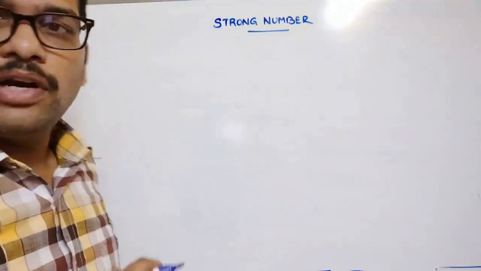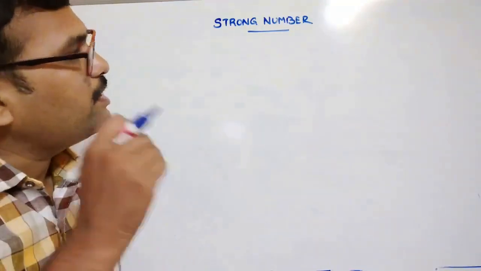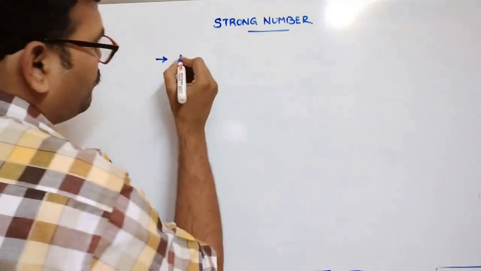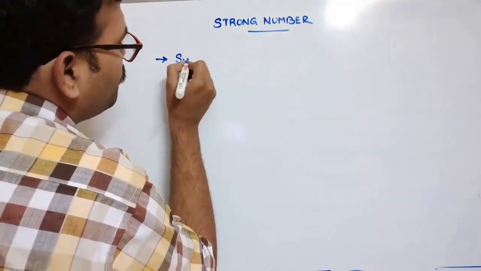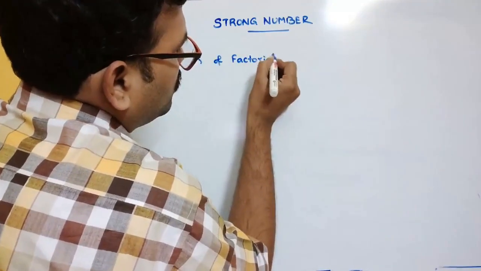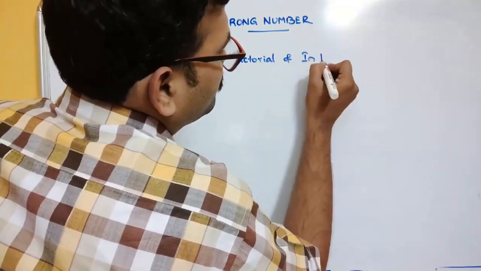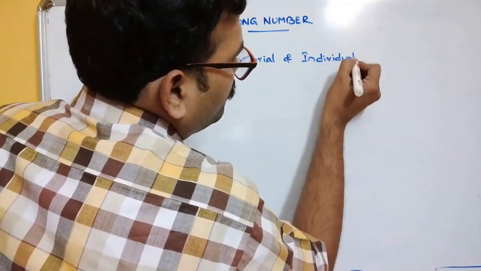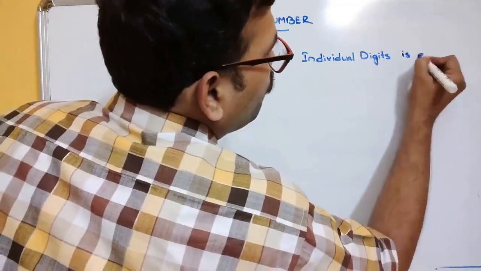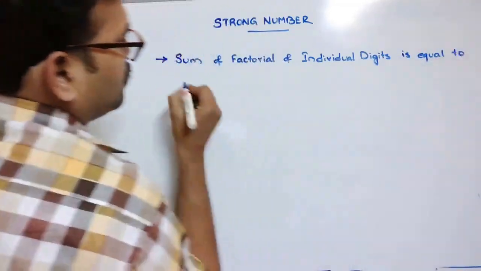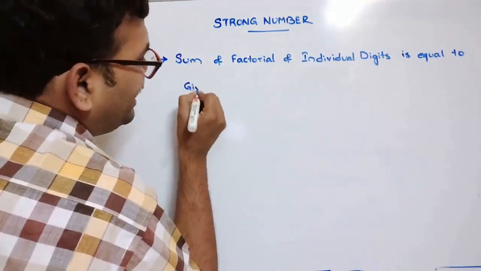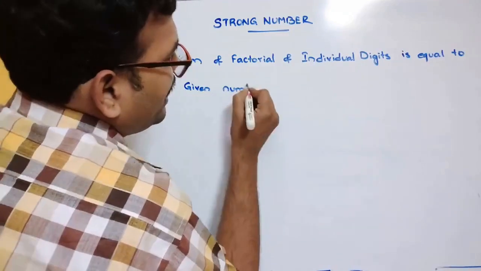First, what is a strong number and how can we identify whether a number is a strong number or not? Consider any number, and if the sum of the factorials of the individual digits is equal to the given number, then we can say it is a strong number.